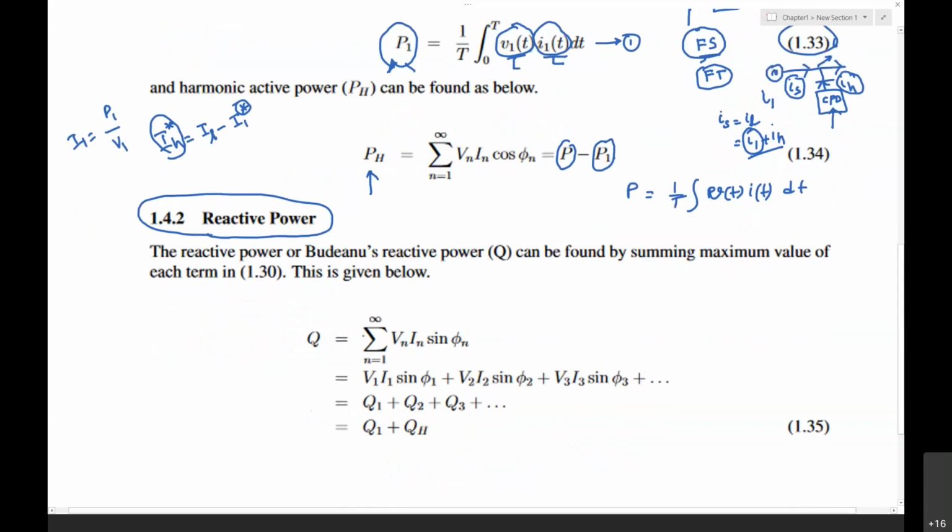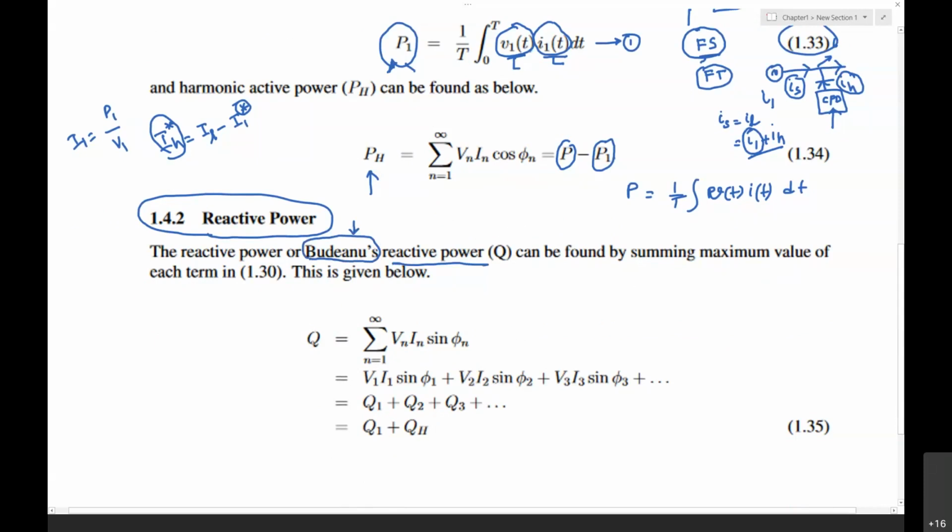The reactive power, which is called Budeanu's reactive power, was found by this particular author. That is the reason why this power is called Budeanu's reactive power.